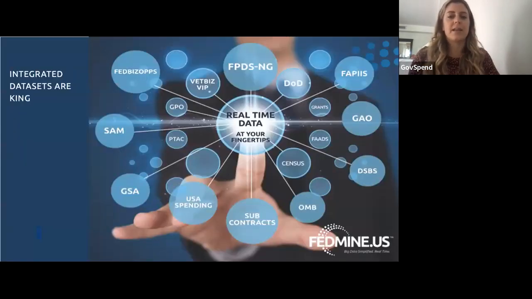Fedmine integrates our data from 18 different data sets, and it's all done by our back-end technology. Some of our primary sources you can see on the screen: sam.gov, as well as USA Spending for our subcontractor data. In Fedmine, you'll often see the prime award connected to the sub at the task order level, with the original solicitation also linked.